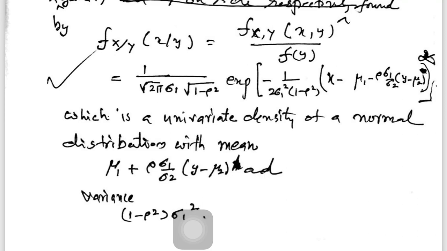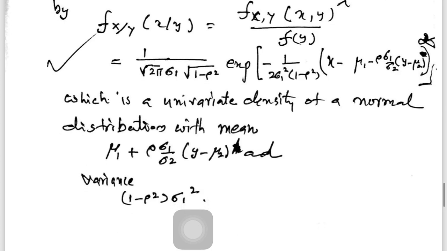Suppose x follows normal with mean mu and variance sigma square. So the density will have 1 divided by root 2 pi into the standard deviation, into e to the power of minus 1 by 2 into ((x minus mean) divided by the standard deviation) whole square.